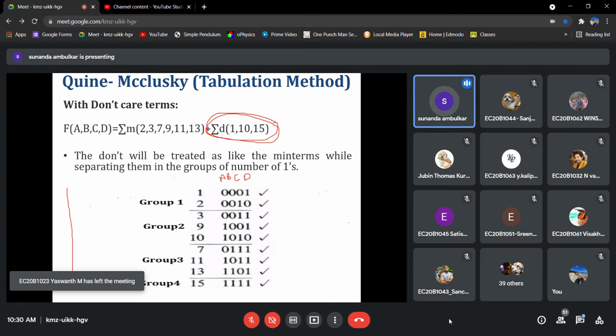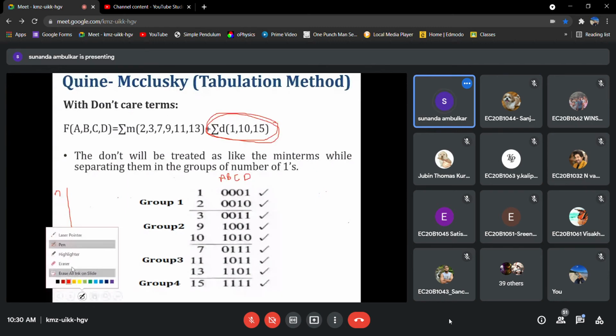It starts from 2, 3, 7, 9, 11, 15. So there is no group 0. It will start from group 1, then 2, 3, and 4.